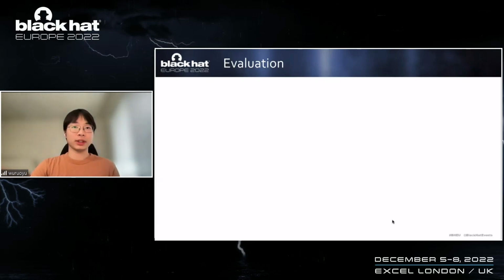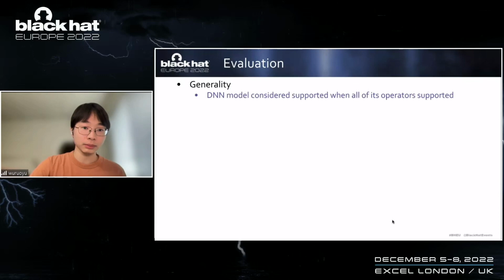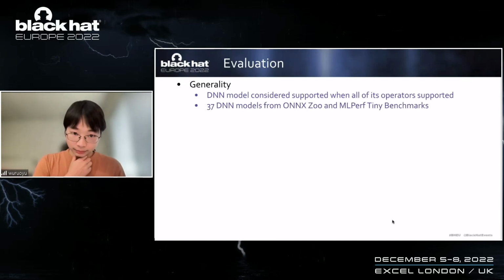For evaluation, we first evaluate the generality by evaluating how many widely used DNN models we can support. We consider a DNN model supported when all of its operators are supported. We collect 37 DNN models from two benchmarks.